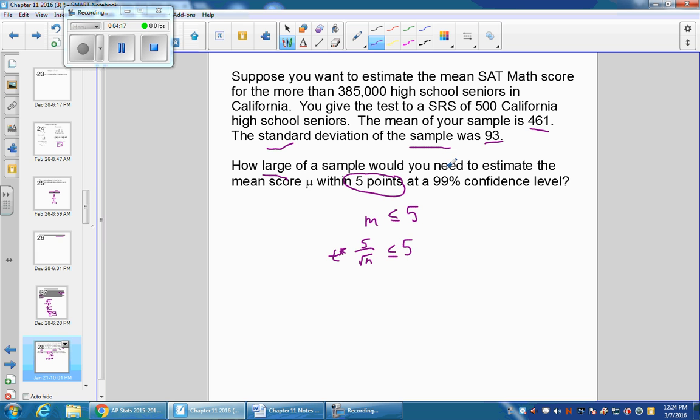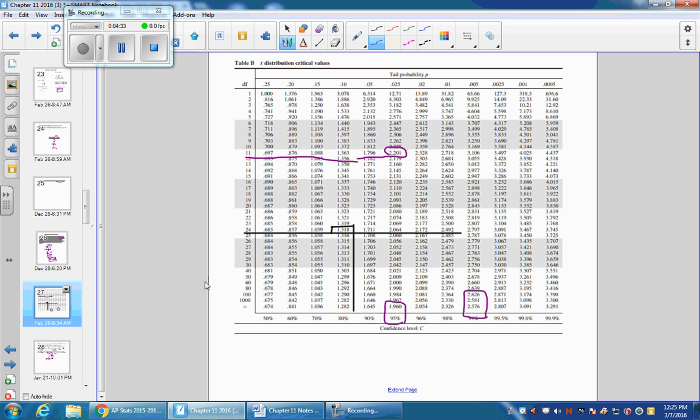Now our t star, using our 99% confidence interval. Now we'll look at the 99% confidence level on this chart. And 99% confidence level is over here, so we'll look at these values.